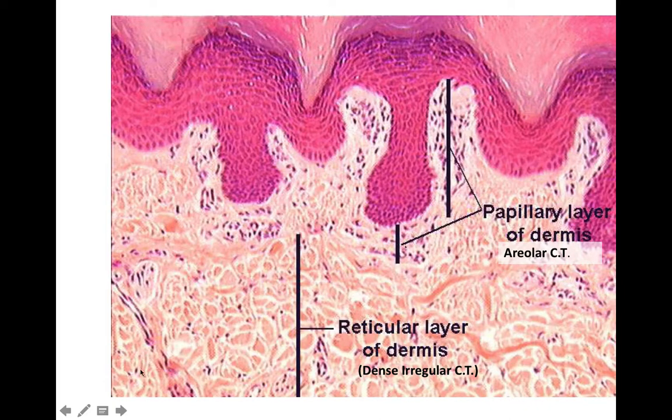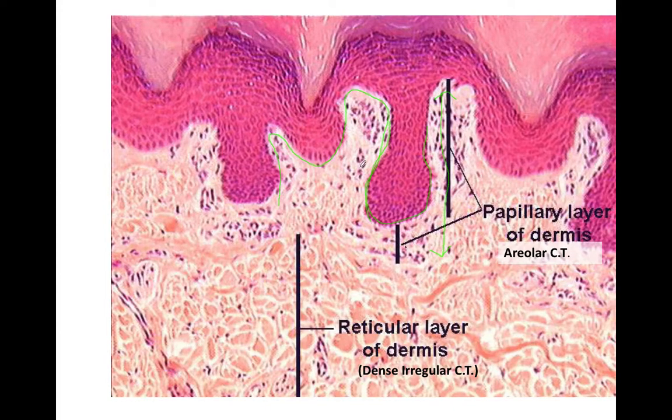So we're in the dermis now. So we said these were the epidermal ridges, right? And this was the papilla right here, sticking up, right? This papilla going up. So we are going to call this area of the dermis the papillary region of the dermis.